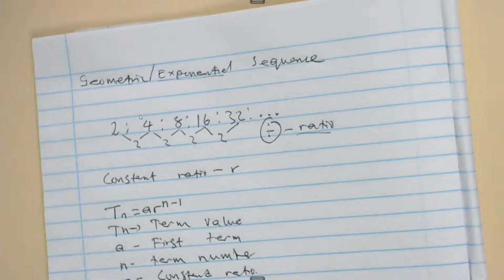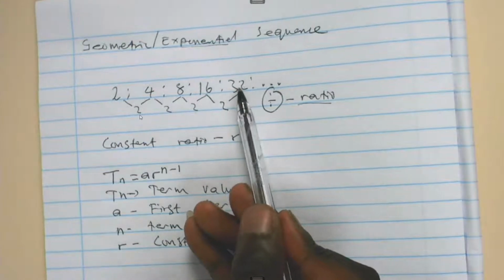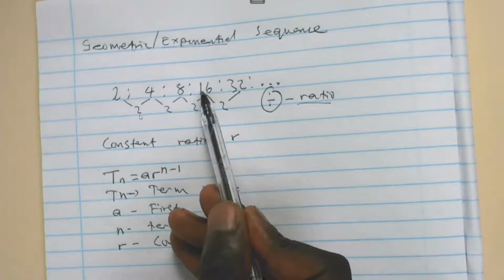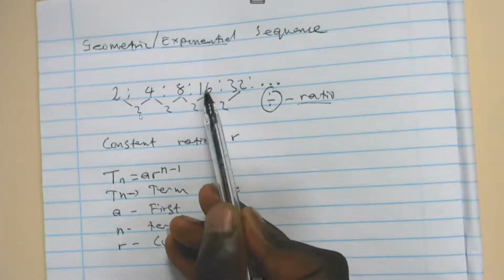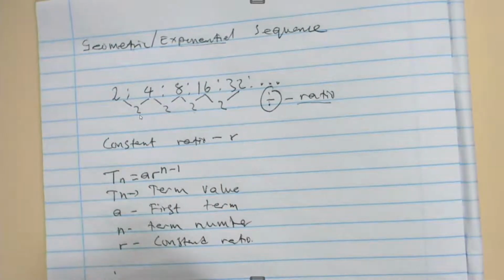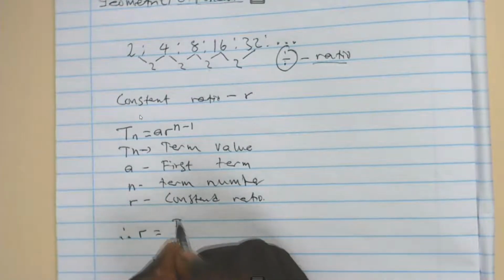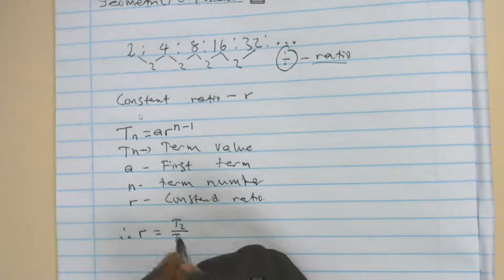How do we find this constant ratio? For us to have the constant ratio, we said 32 divided by 16 is 2, and 16 divided by 8 is 2. Therefore, our constant ratio is equal to term number 2 divided by term number 1.